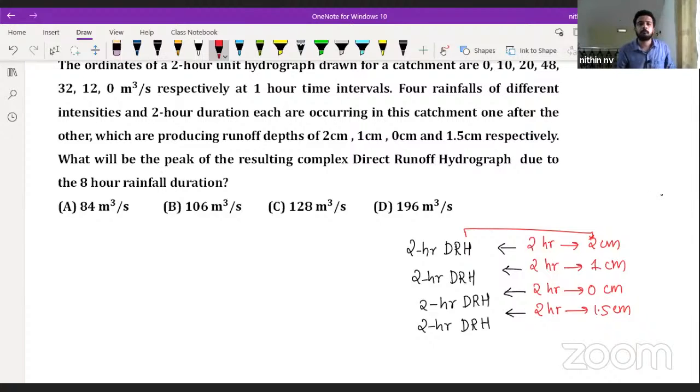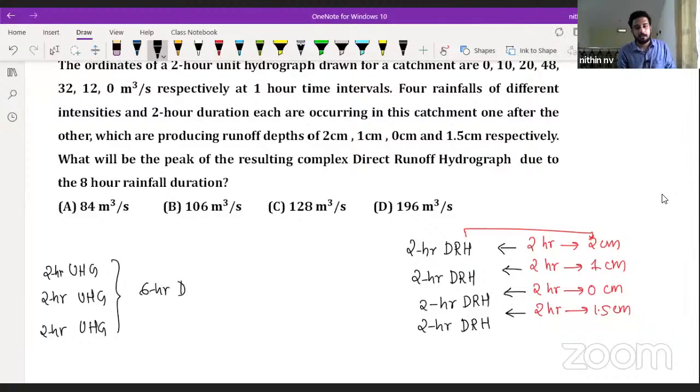If you are adding, see, method of superposition, what actually we are doing, if we have a 2-hour unit hydrograph, for example, if you are adding it with another 2-hour unit hydrograph, if you are again adding it with another 2-hour unit hydrograph, combinedly we are going to get a 6-hour direct runoff hydrograph, because 1 centimeter runoff, 1 centimeter runoff, 1 centimeter runoff.